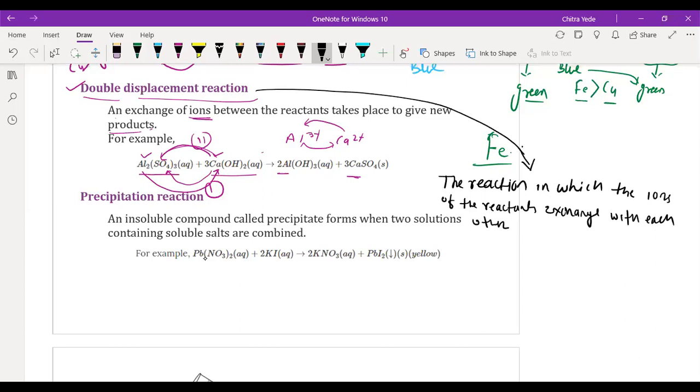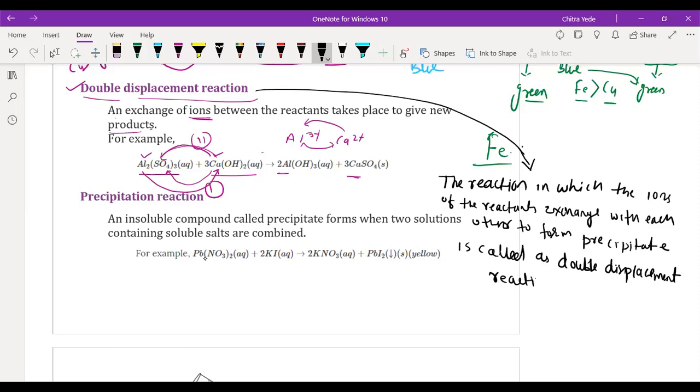Here a precipitate is formed during the reaction, so we can write: exchange with each other to form a precipitate is called a double displacement reaction.